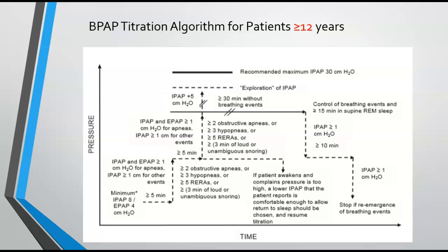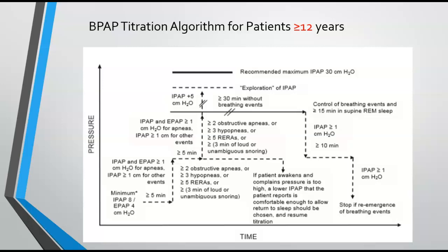So if you see an obstructive event, you will increase both IPAP and EPAP by 1 centimeter or more. If you see two obstructive apneas, you increase IPAP and EPAP at the same time to keep the pressure difference the same. But if you see three hypopneas, arousals, or loud snoring, you will increase only IPAP.